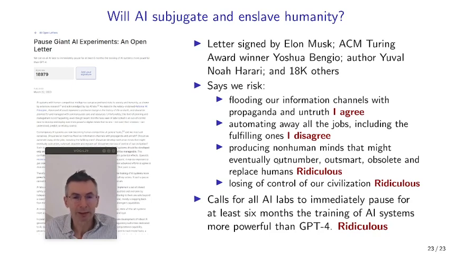So I do think that there are social problems that have to be addressed and regulations that have to be introduced. But the idea that you could pause things for 6 months is just a stupidly short period and a naive request to make, and therefore I consider that to be ridiculous as well.